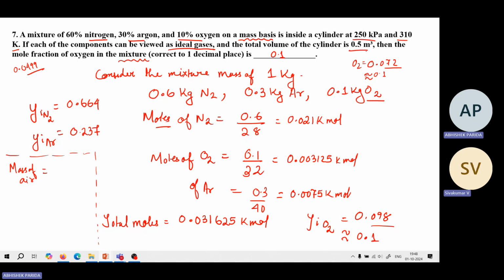So you have to calculate R. For that also you need the mass. So 0.6. Anyway, if you take 0.6, then also you have to divide by 28 because it is given in mass. Okay.